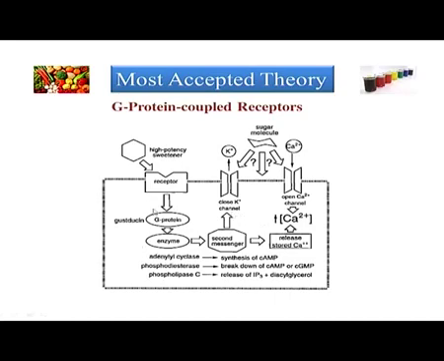Because of this activity, certain enzymes are activated. Because of those enzyme activations, certain secondary messengers are evolved, and those secondary messengers finally control this type of ion channels and elicit a sweet response.